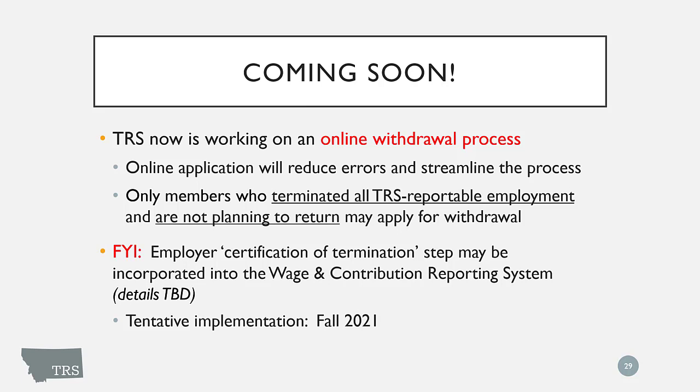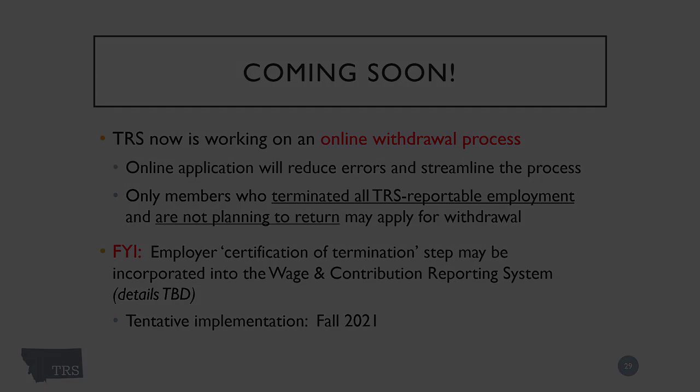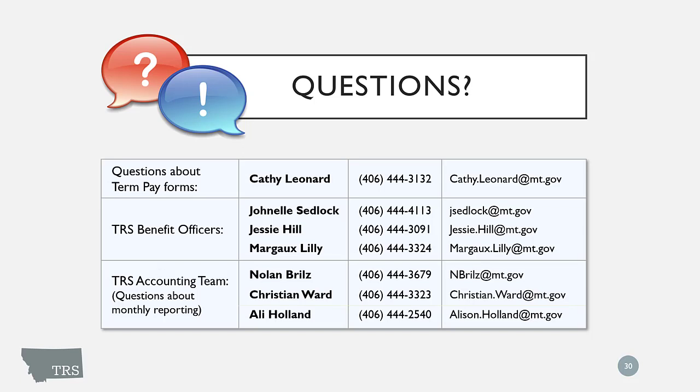It'll be all online, and it should be much more efficient for everyone involved. If you have questions about that, probably best to hold off until we know exactly what it's going to look like. That's more of a heads up, and obviously there'll be communication that comes out to the employers once it is in working order.